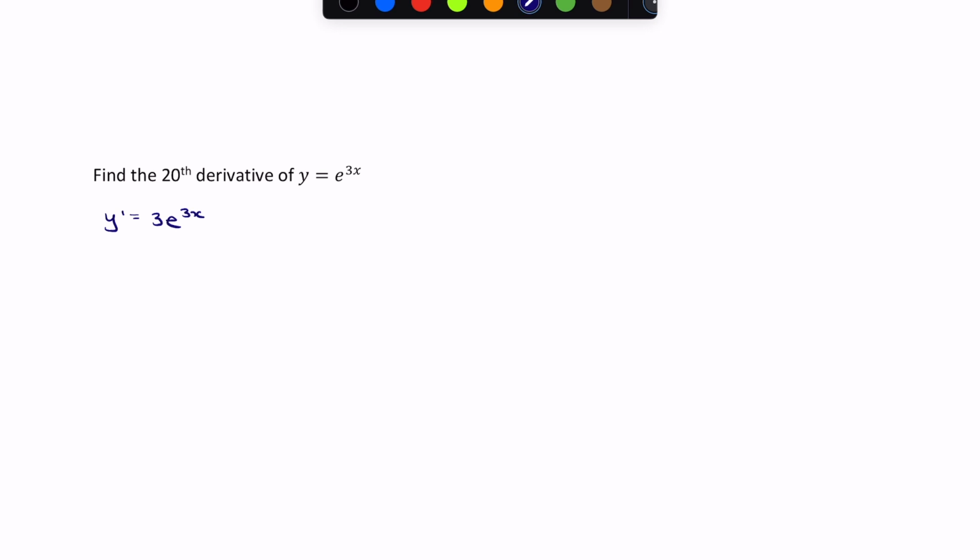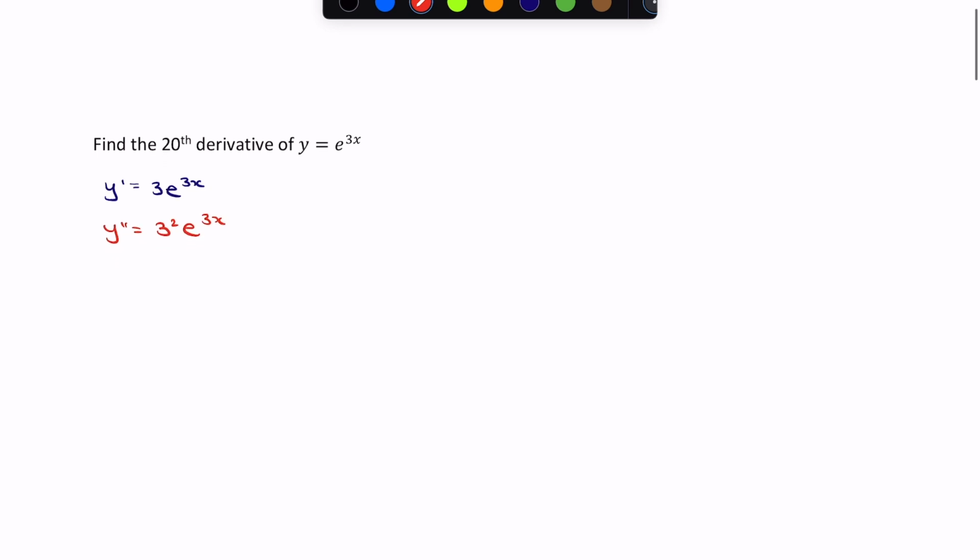Same thing, our second derivative would be equal to 3 squared e to the power of 3x. So if we get to our 20th derivative, y 20th derivative is equal to 3 to the power of 20 e to the power of 3x.